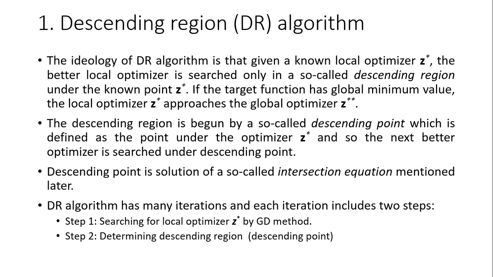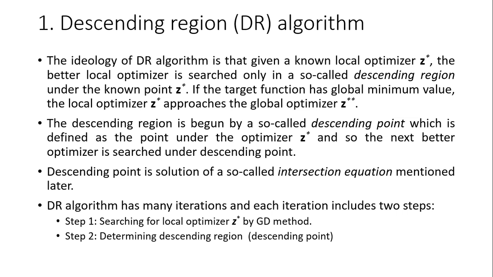The ideology of the algorithm is that given a known local optimizer G*, the better local optimizer is searched only in a so-called descending region under the bound G*. If the target function has a global minimum value, the local optimizer G* approaches the global optimizer G**.